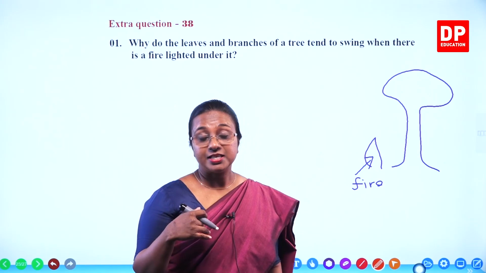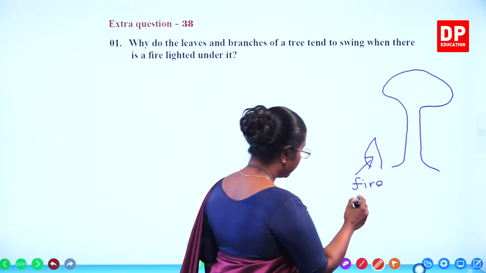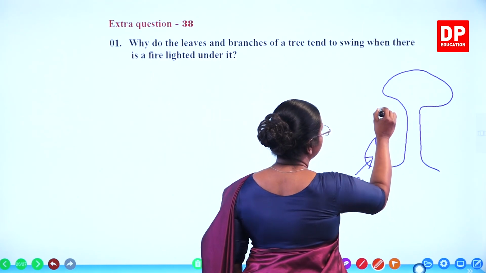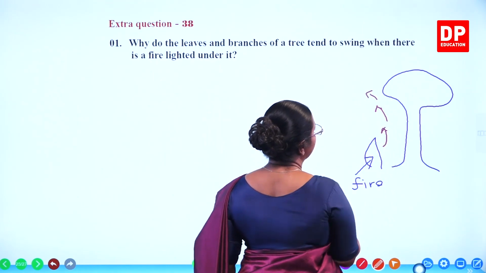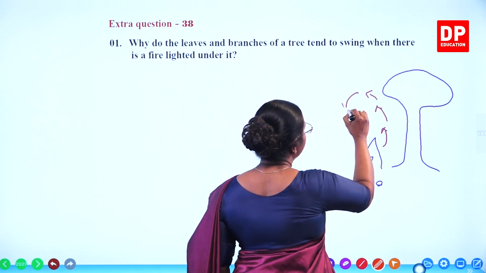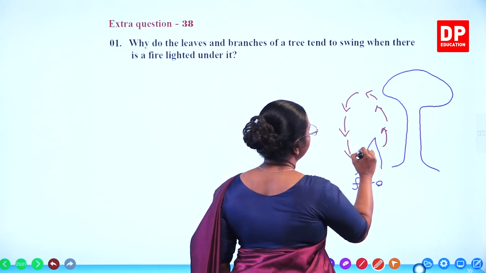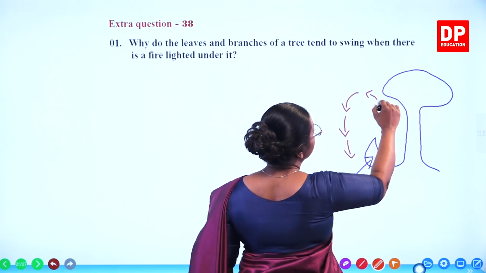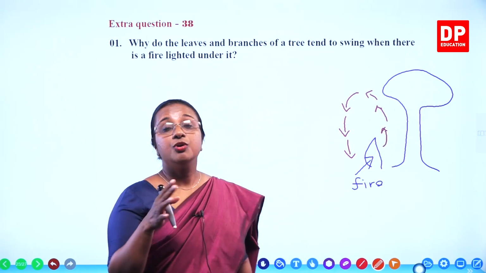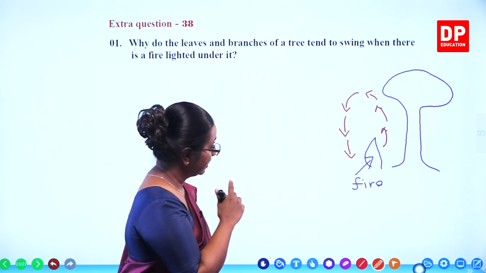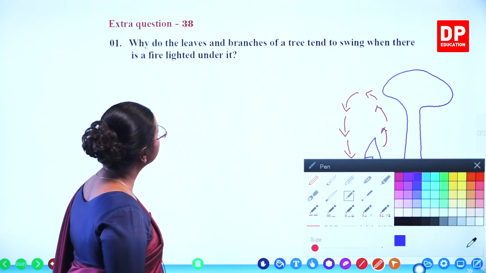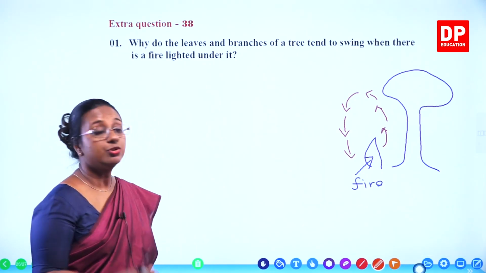They expand, the density decreases. Because of that, the air particles move upward. That is what we call as convection. And the cool air particles tend to move down. The movement of these air particles make the leaves and branches sway here and there. That is the reason.